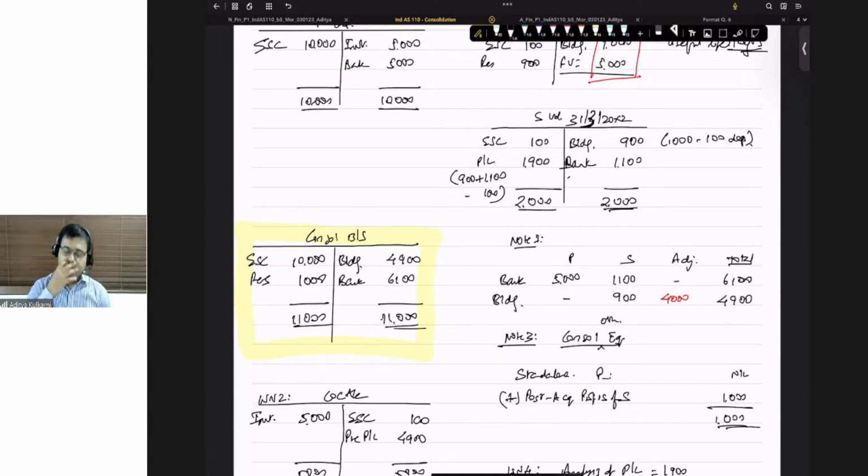See, if this consolidated balance sheet is presented to you as a reader, what are you going to look at? Well, you will look at the building. Building is worth 4,900. Then you are a person who knows how to read financial statements. So in these consolidated financial statements, you will have gross block 5,000, depreciation 100, net block 4,900.